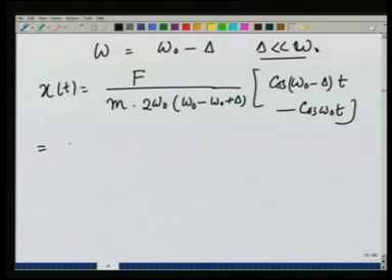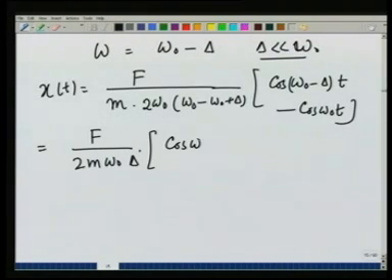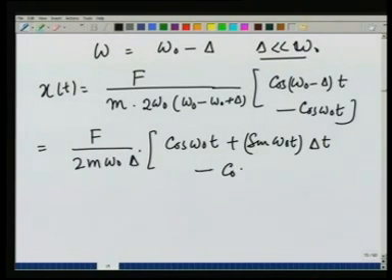So, this comes out to be f over 2 m omega 0 delta times cosine of omega 0 t cosine of delta t, and delta being very small, I will take that as 1, plus sine of omega 0 t times sine of delta t, which I will take as delta t, because delta is very small, minus cosine of omega 0 t.